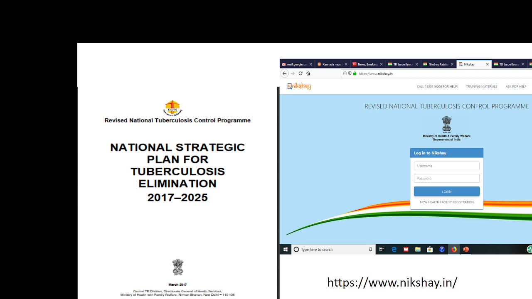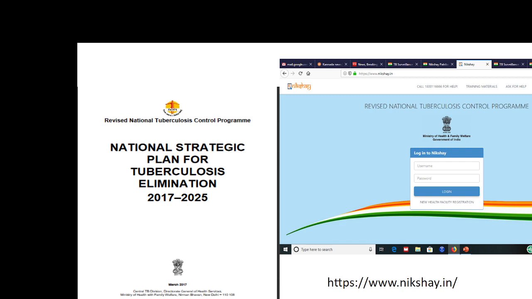So if at all you find a patient of tuberculosis, it's absolutely necessary that you declare that patient, register the patient's name in the Nikshay portal, and the treatment should be under the guidance or under the control. This is the ethical necessity, I would not say a legal necessity, and maybe in due course of time it may become even legal, mandatory.